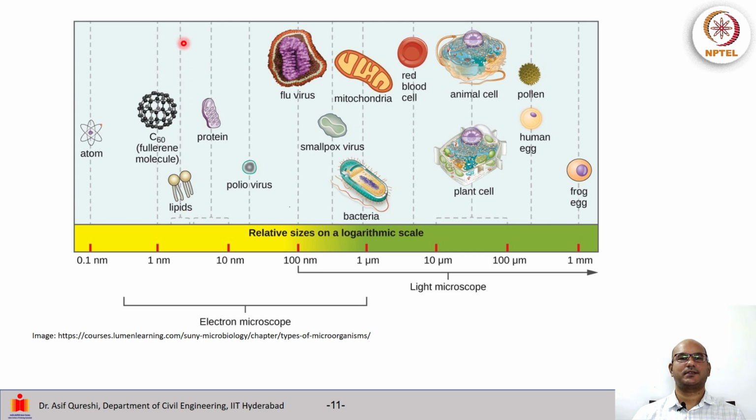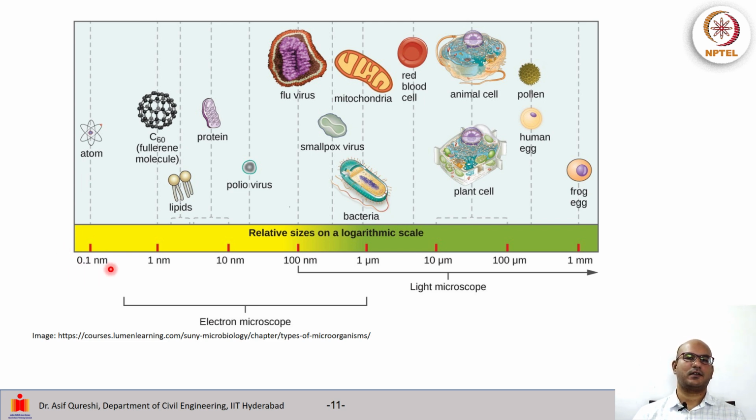Same for lipids. A C60, which is a fullerene molecule for comparison, is 1 nanometer, and all can be looked at through an electron microscope. Finally, our atom, which is on the scale of angstroms or 10 to the power minus 10 meter.